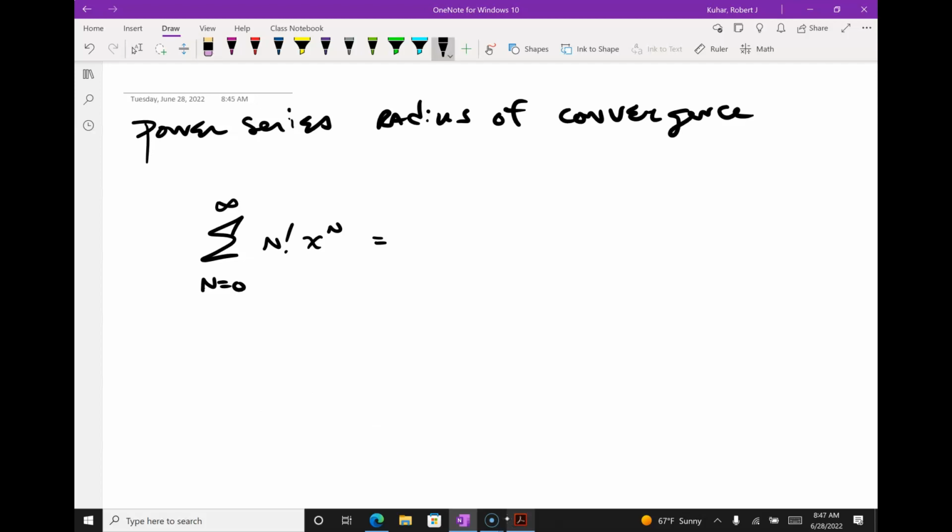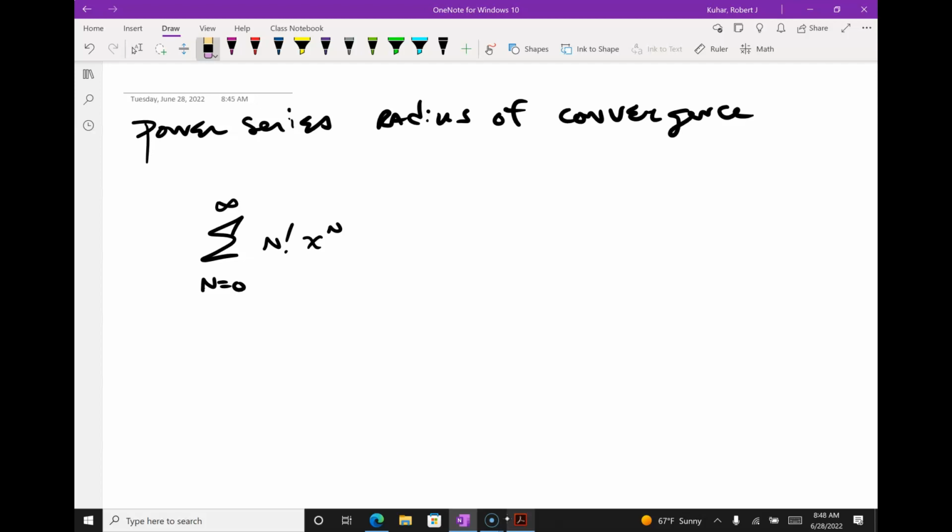Okay, so we're going to find this radius of convergence, and we're going to always do the ratio test on this. On your exam, I'll tell you, find the radius of convergence of this power series using the ratio test. This one supposedly will only have a radius of the center, meaning size 0.